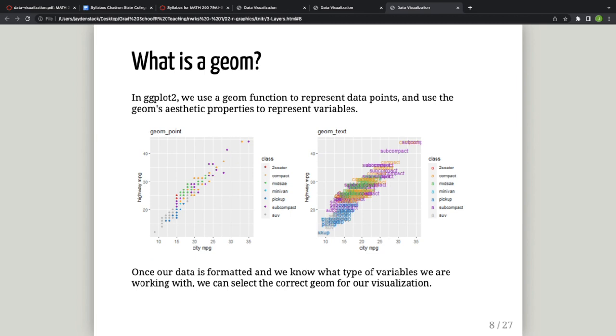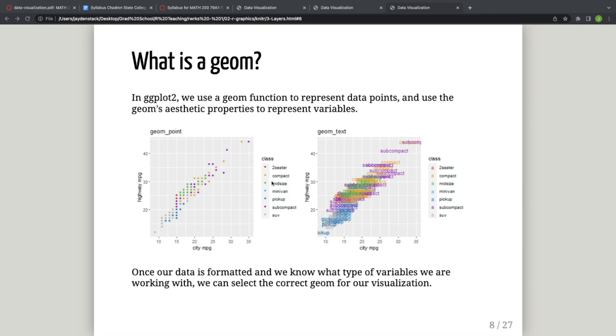All right, so taking a look at this specific function, right? In this one we use geom point, but in this one we use geom text, right? Which one makes more sense for us to convey information about our data? Probably the geom point, where we're already splitting it out by class.